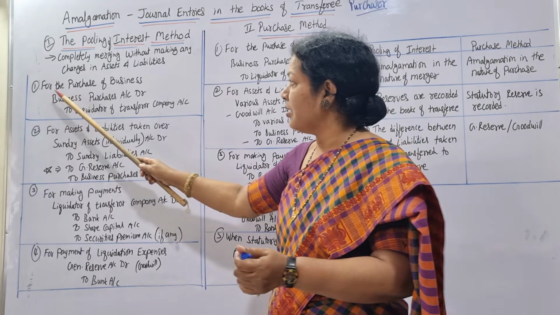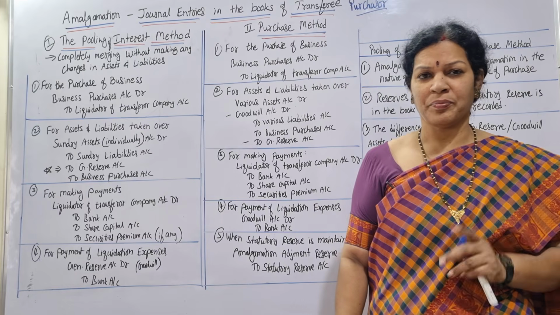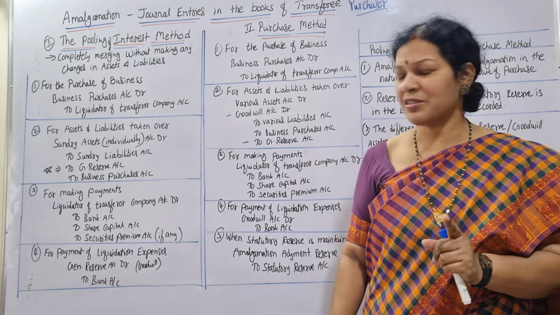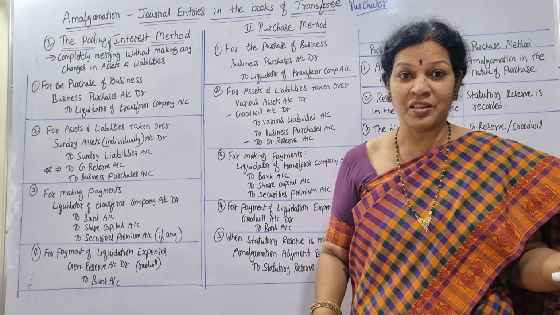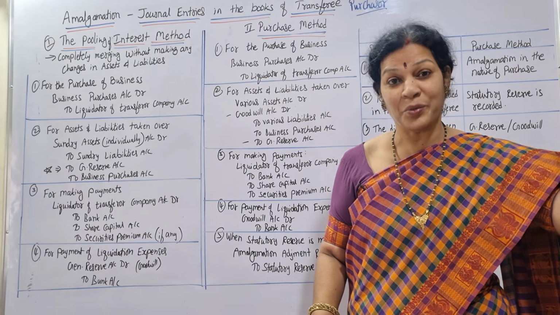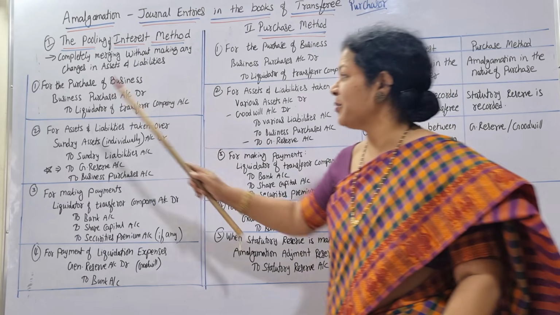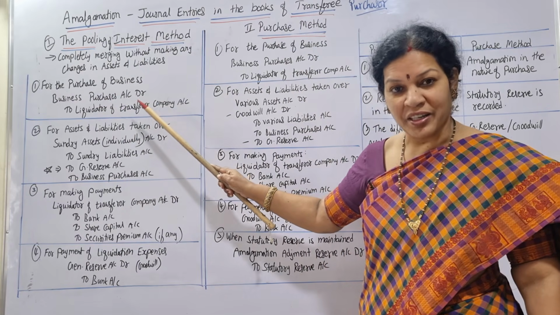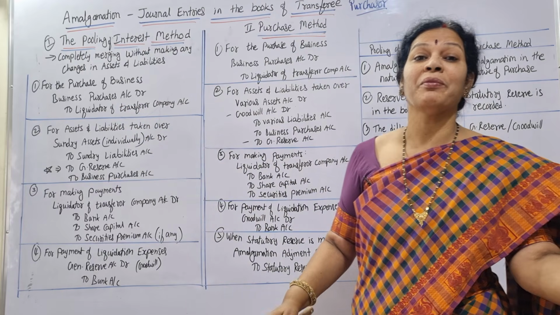Now here for the purchase of business, first the company is purchasing the business. Whenever you are purchasing anything, in simple journal entries we write the same entry: purchases account debit, and credit from where you are purchasing. Business purchases account debit to liquidator of transferor company account, from where we are purchasing.